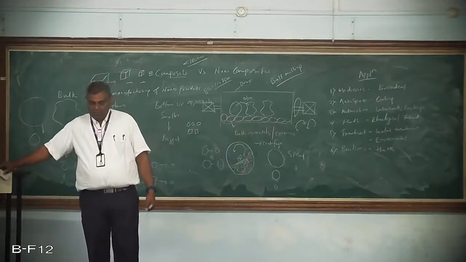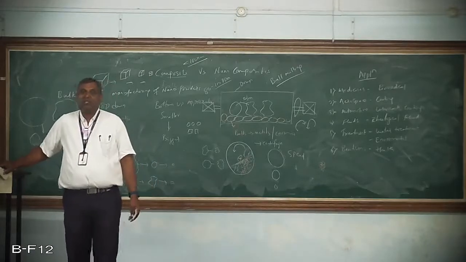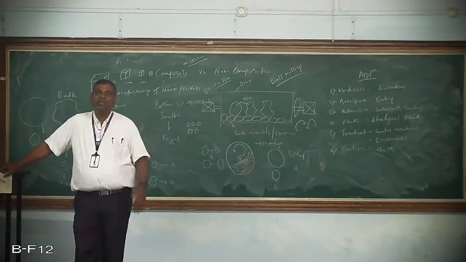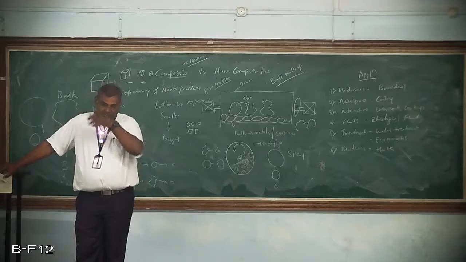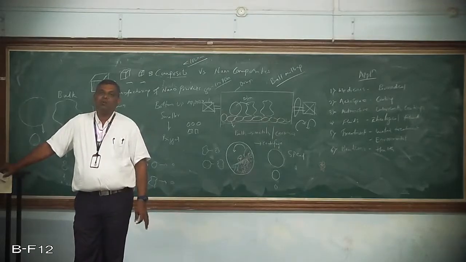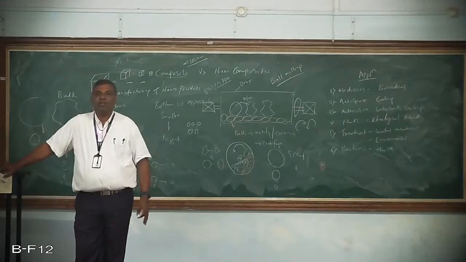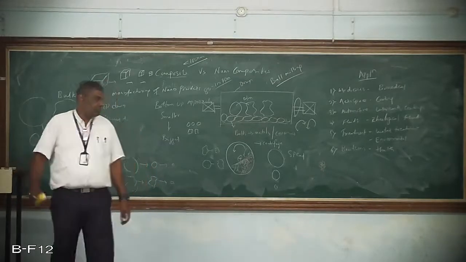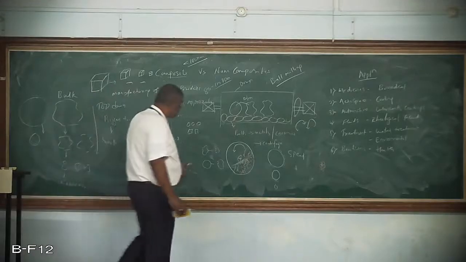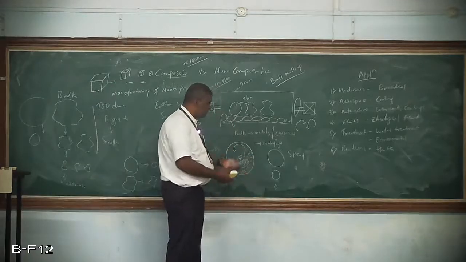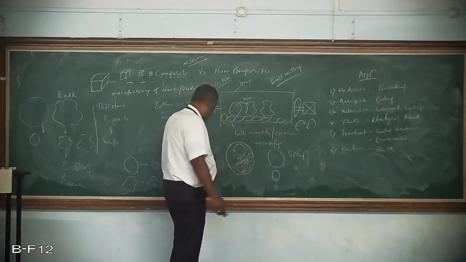So this process is helpful only to a certain extent. Beyond that you cannot use the ball milling process. But if you want to mix any two different materials, then ball milling is the best option. So this is the ball milling process.